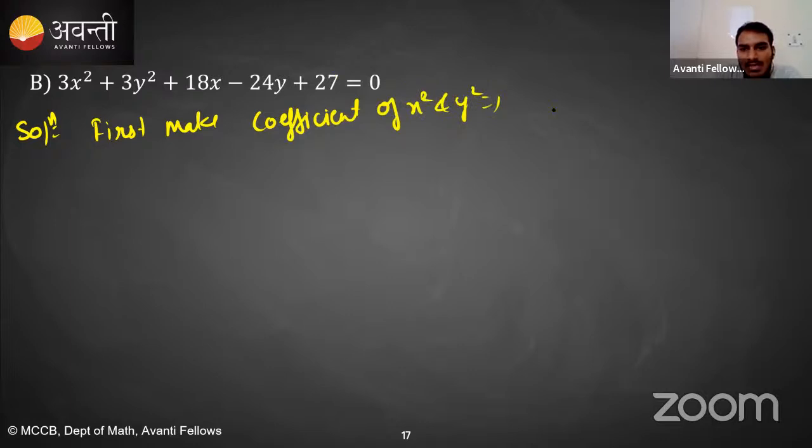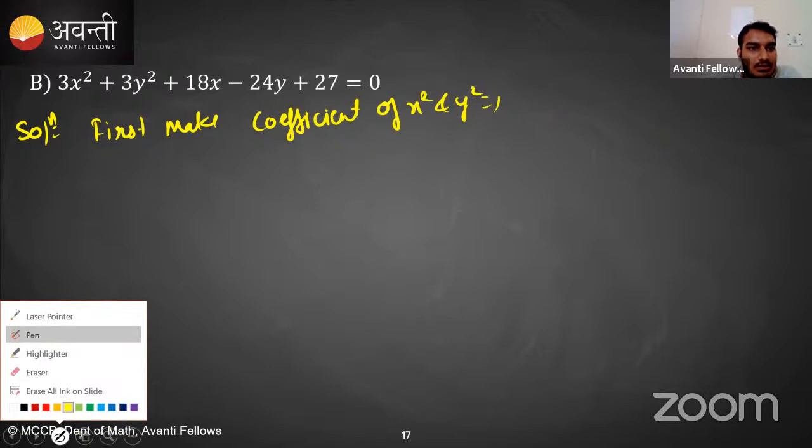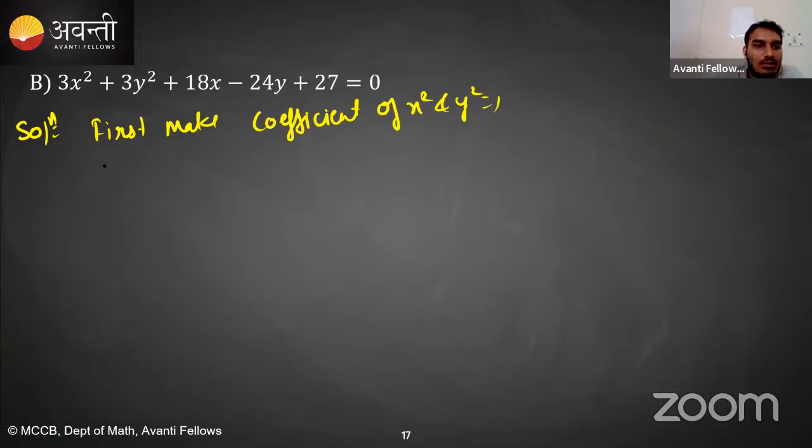Okay, -9 comma -12. Okay, let's see. I don't think the answer is right. Answer is not correct. Okay, so what do you do? Circle equation is 3x square plus 3y square plus 18x minus 24y plus 27 is equal to 0.